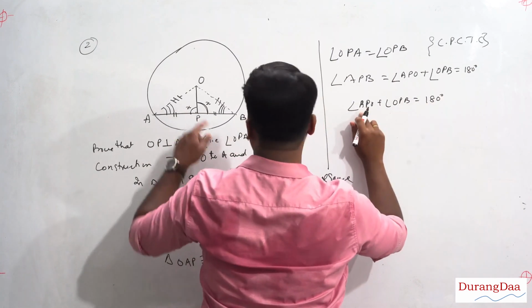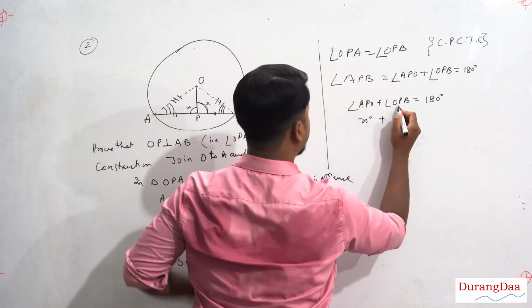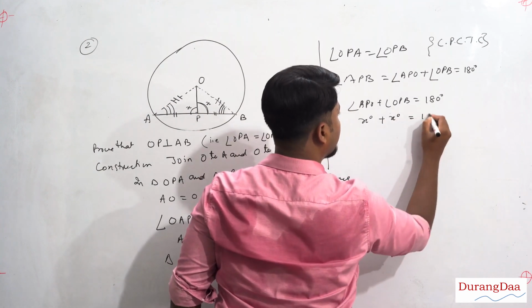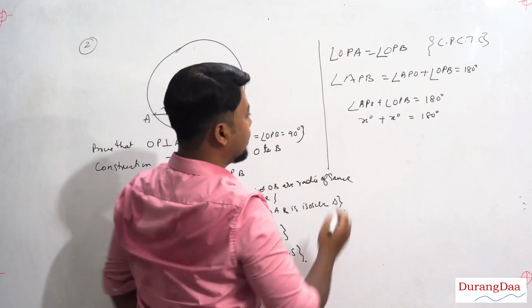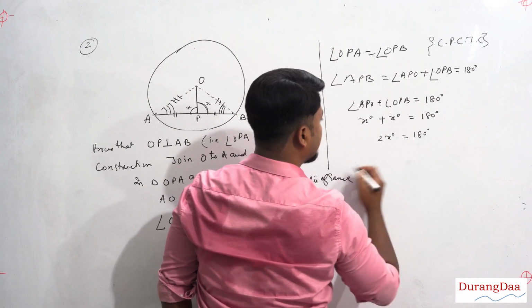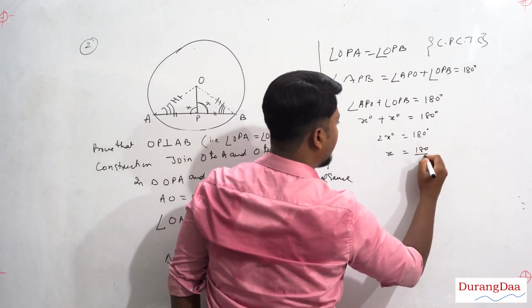Now instead of angle APO I can write here x degree plus OPB also I can mention here as x degree equals to 180 degrees. Both are equal. All right, already we have proved here. So this would be 2x degree equals to 180 degrees. All right. So x would be equal to 180 by 2.